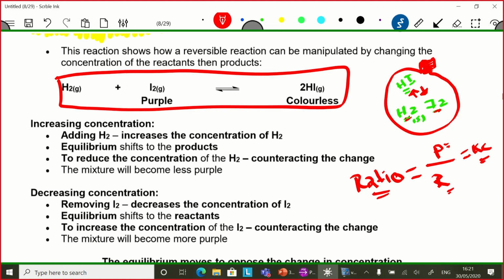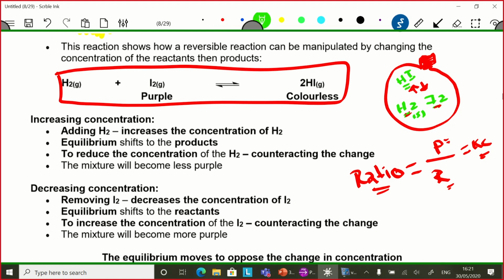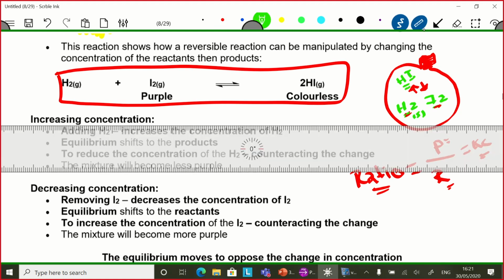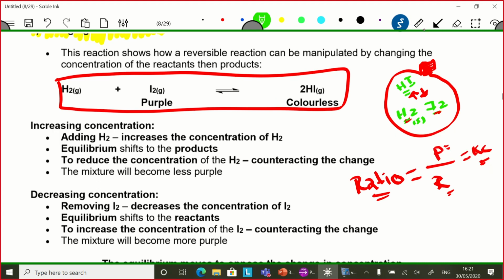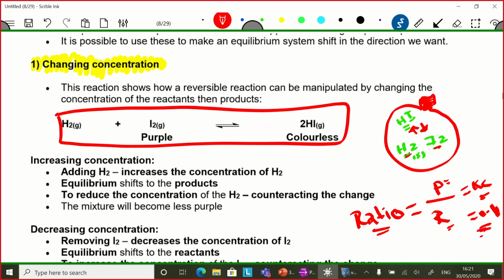Let's say, for example, in this case, it's going to reach a value of 0.1. So I have a system now, and the system reached equilibrium, and the ratio between the product and reactant has become 0.1.